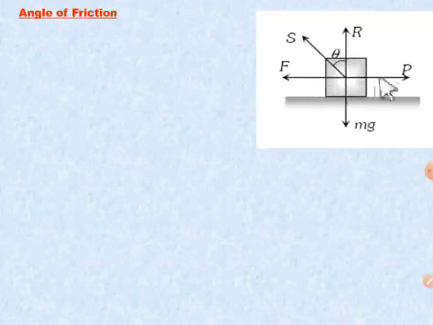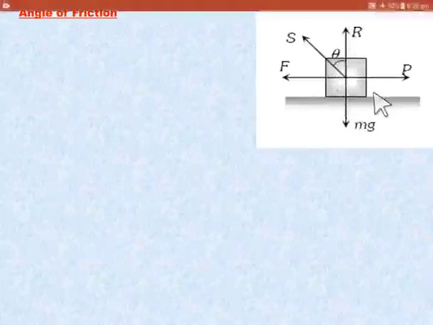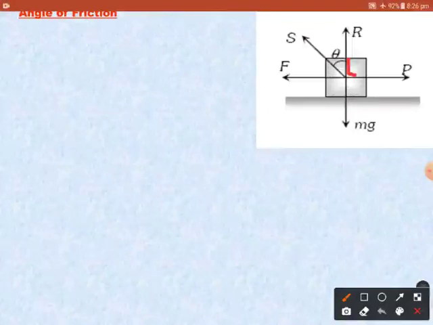So if this is the applied force, your frictional force will be acting along this, and your normal reaction will be perpendicular to the surface on which the body lies. So your normal reaction is here in this direction, and your frictional force is along this.